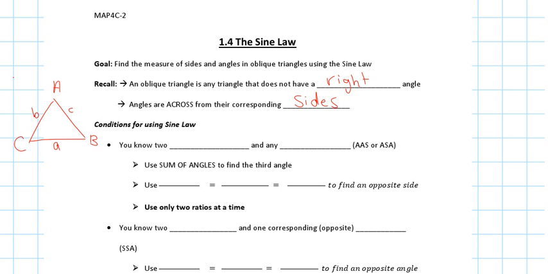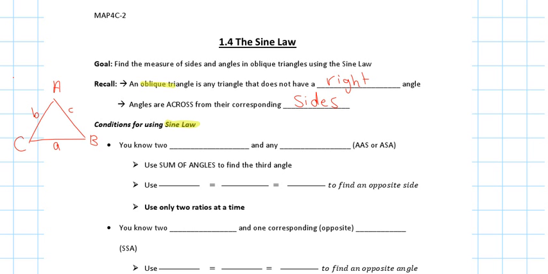So in this case, we have the first law that we're going to use when it comes to oblique triangles. It's called the sine law. Remember, we don't use SOHCAHTOA or the Pythagorean theorem anymore. We use either the sine law or the cosine law, which we're going to learn both of them today. When do I use the sine law?